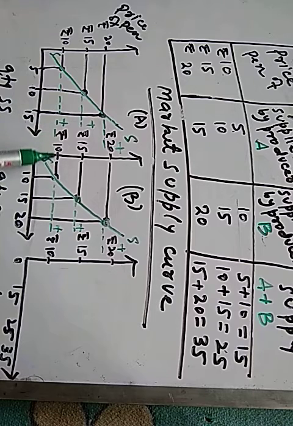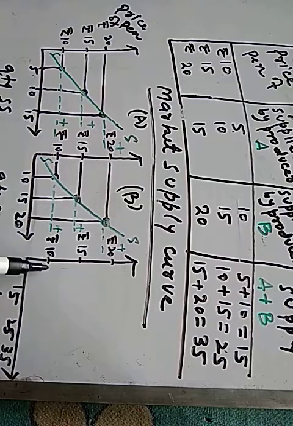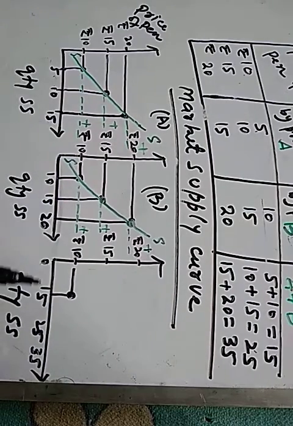This line extends to this point, and here at the same price it will be 5 plus 10, that is 15. This much, 15 units, total quantity supplied.